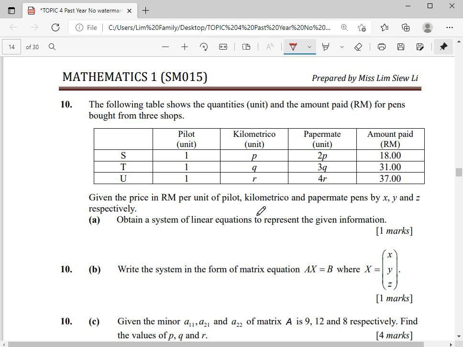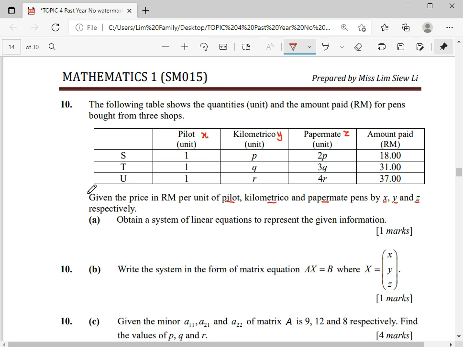Obtain the system of linear equations to represent this information. So you have to come up with your linear equations first. They already give you the notation here: Pilot is X, Kilometrico is Y, and Papermate is Z. When they already give the notation, we use X, Y, Z as given.